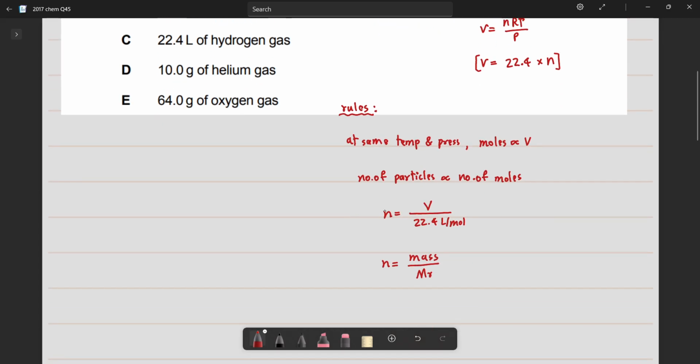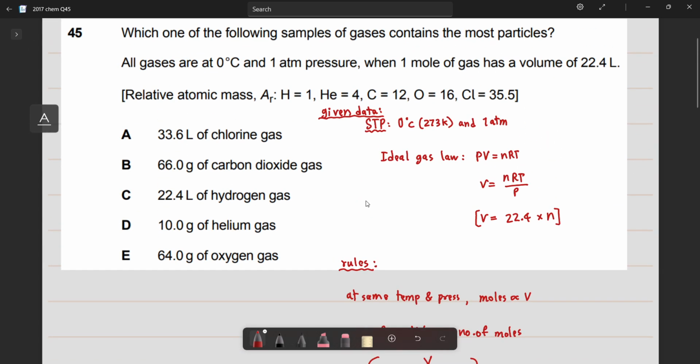These are the two main formulas we're going to use. So now let's apply them.